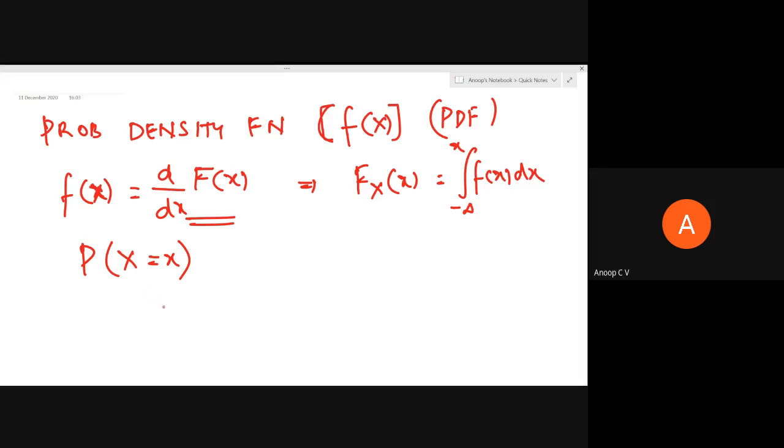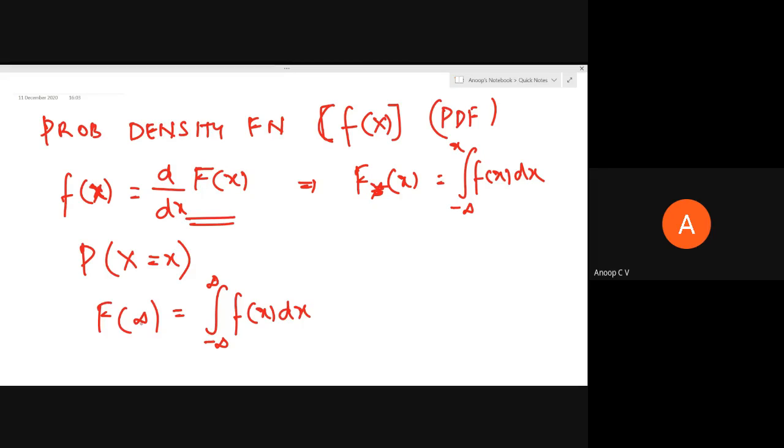Now some of the properties of this probability density function. We know F of plus infinity is the integral from minus infinity to infinity of f of x dx.